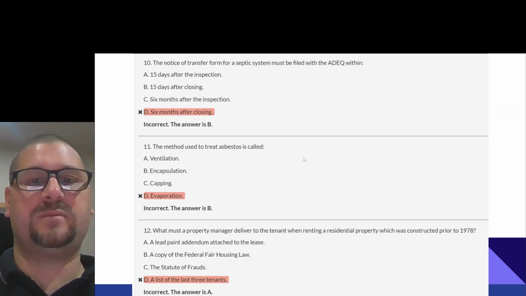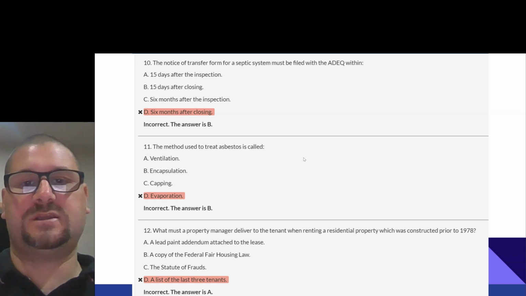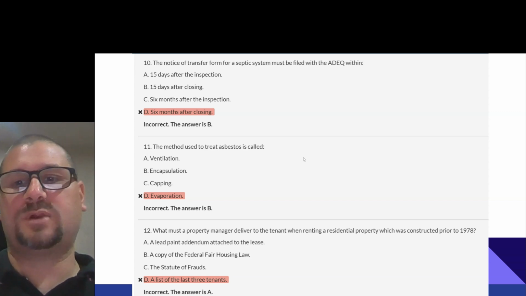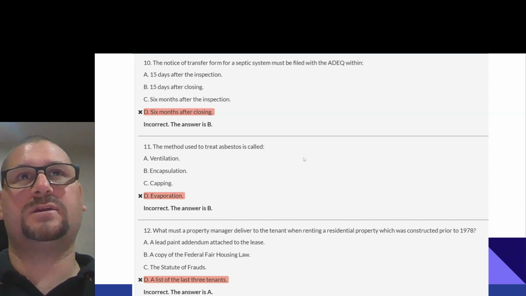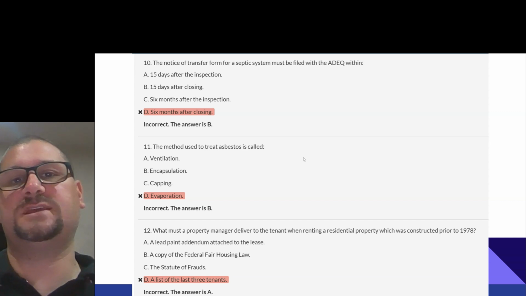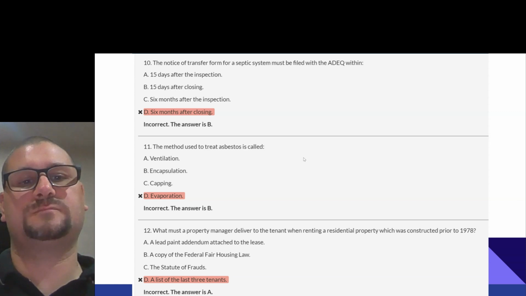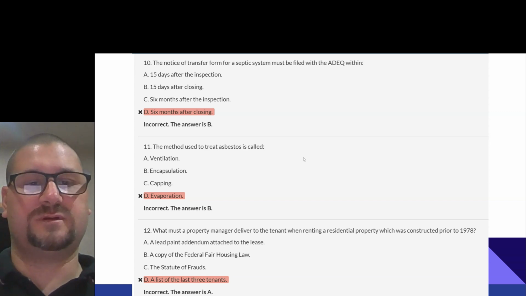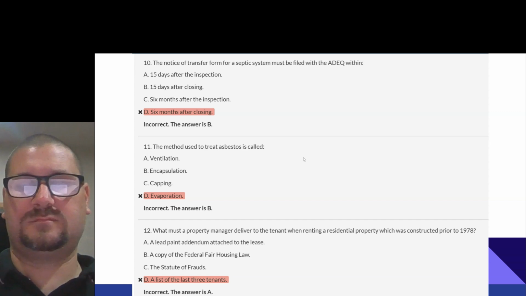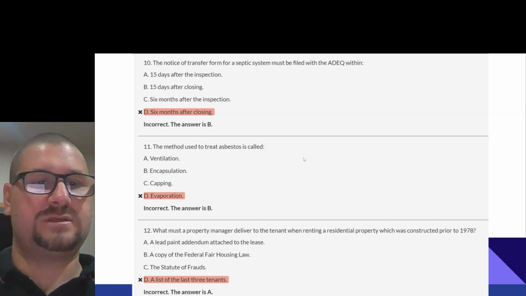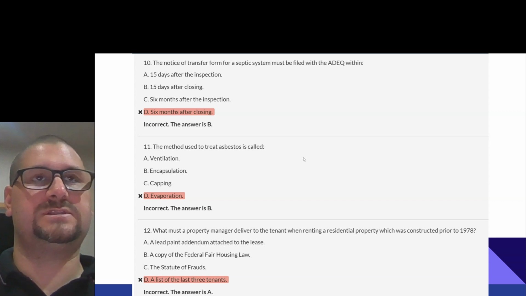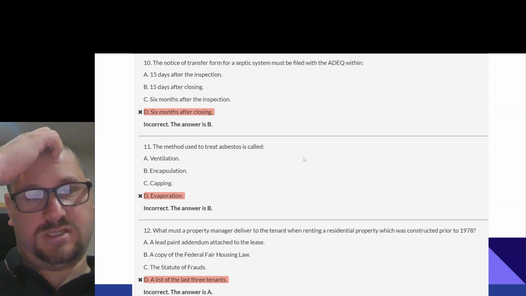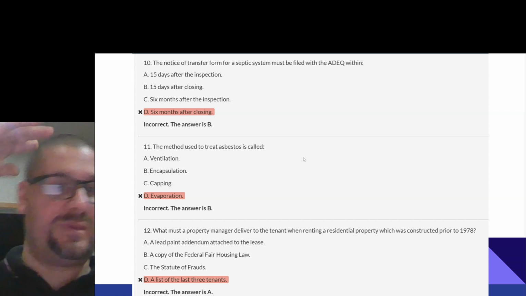What must a property manager deliver to the tenant when renting a residential property which was constructed prior to 1978? A lead paint addendum attached to the lease. So it is going to be alpha, lead paint addendum.